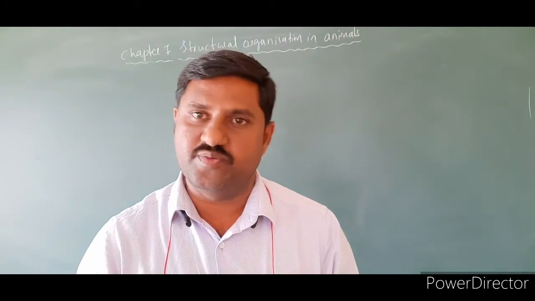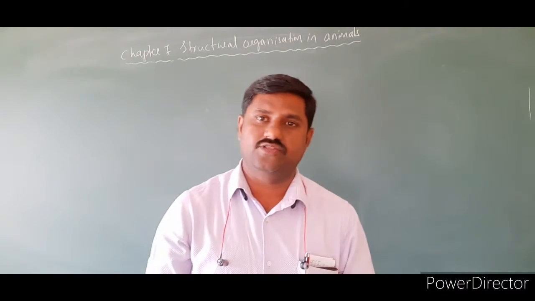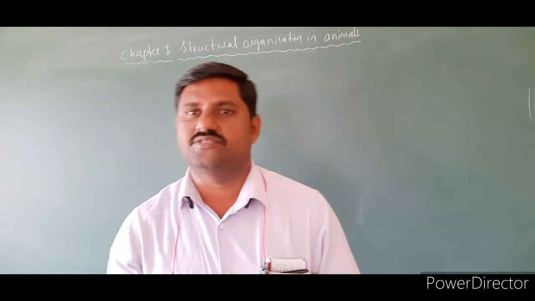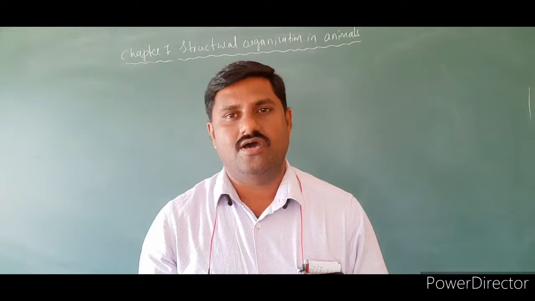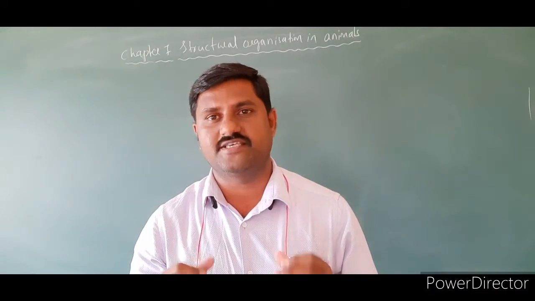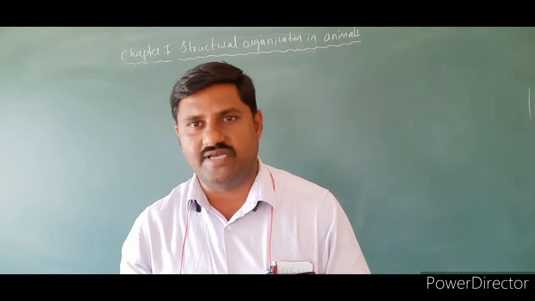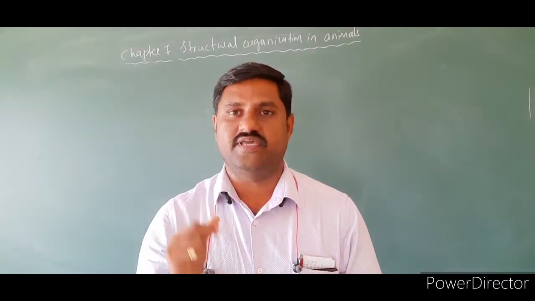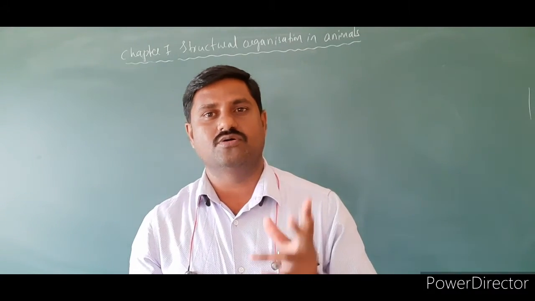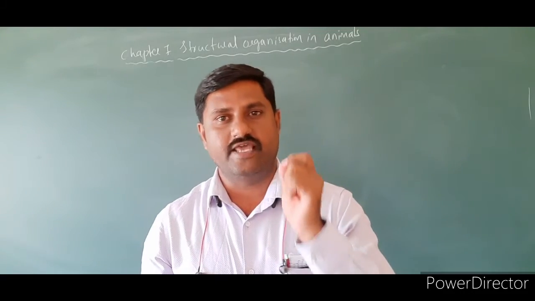Next one is the reproductive system in the earthworm. As you know, the earthworm is said to be monoecious, or it is also known as hermaphrodite or bisexual animal, right? Why it is called a bisexual animal is because it has both male and female reproductive organs in the same body.